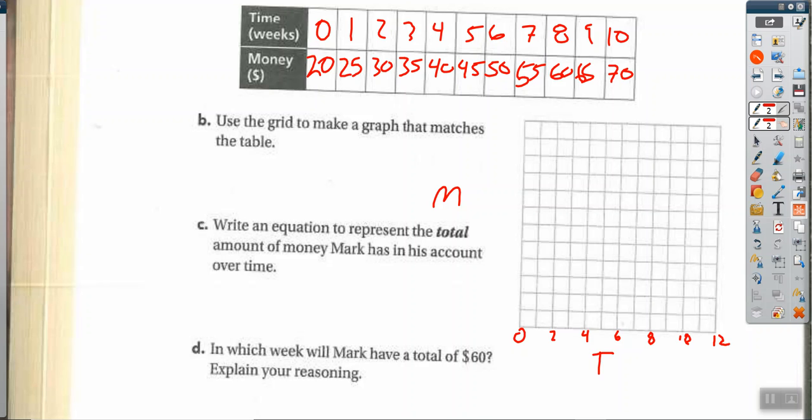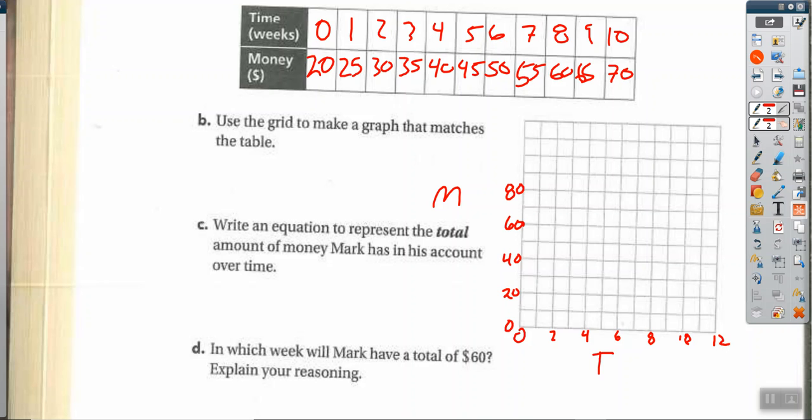And we really should start at 0, and then we should get up to 70. So I think I can count by 5. So 10, 20, 30, 40, 50, 60. I've got to count by tens. So 10, 20, 30, 40, 50, 60, 70, 80. Now I would rather count by 5s, but then I go off the grid.